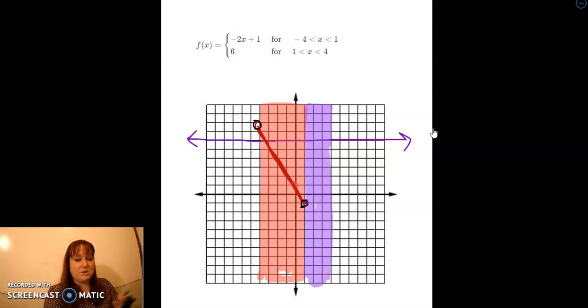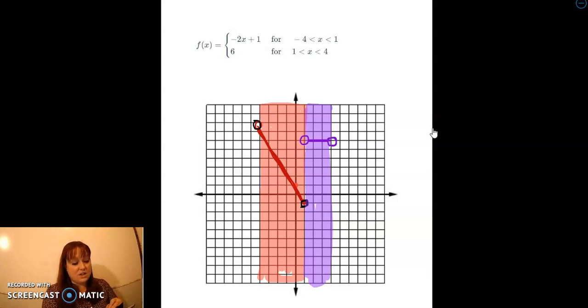And only right here. I don't want to see the purple function any other place. So I'm going to draw my line there, and I see that I don't include 1 and I don't include 4. So I'm going to have an open circle because I have less than, not less than or equal to, and then over here, I have an open circle because I have less than on that as well. So I can erase the original function, and all I have left is here.